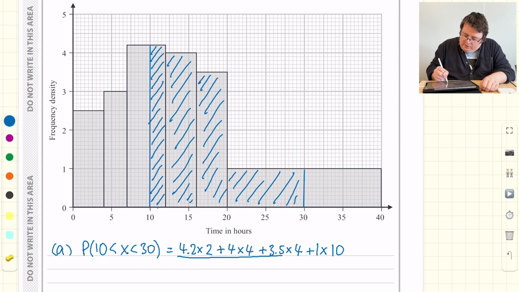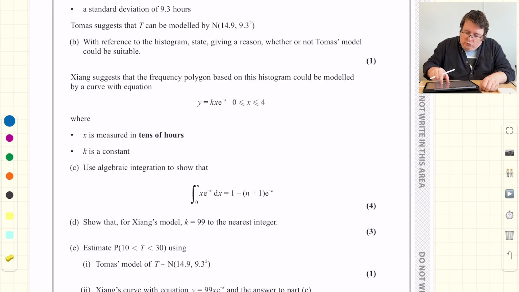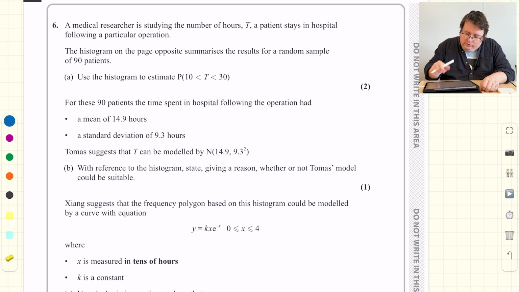And that's over the total number of patients, which was 90.